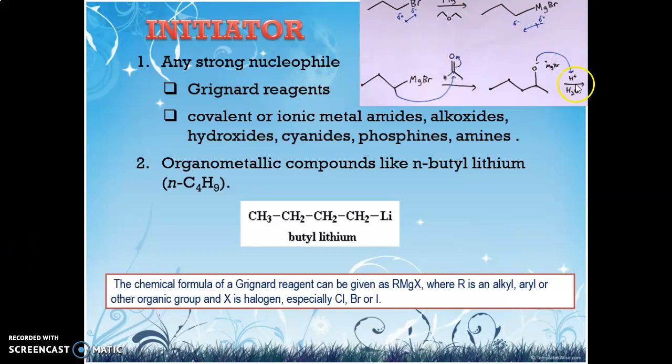So it will produce 5 carbon atoms, which form the alcohol. So don't worry too much about the Grignard reagent, because we will only use the organometallic, which is butyl lithium, in this reaction.